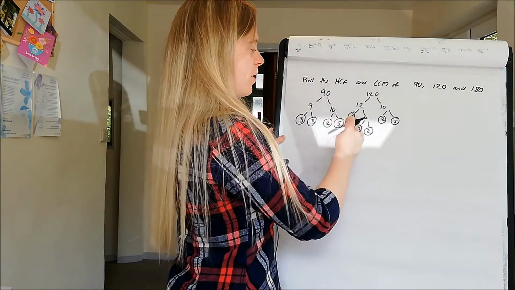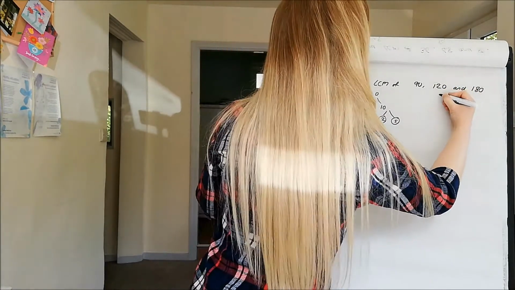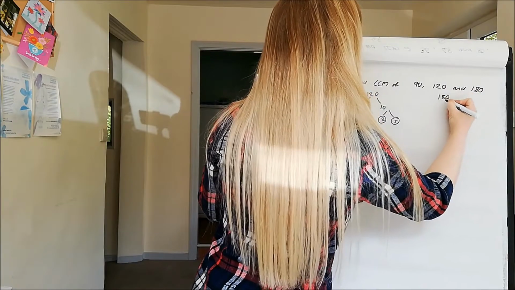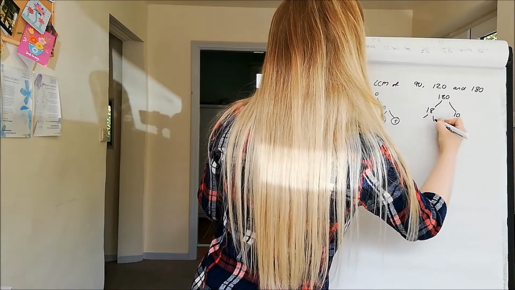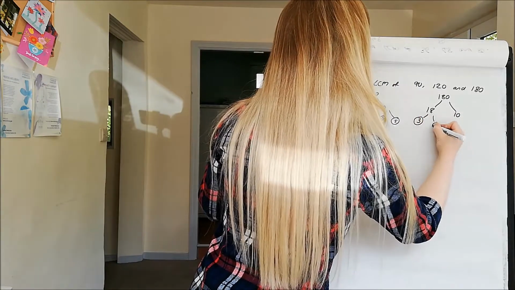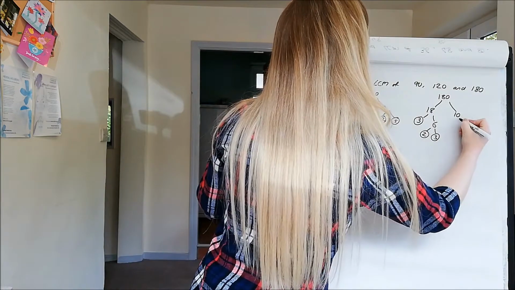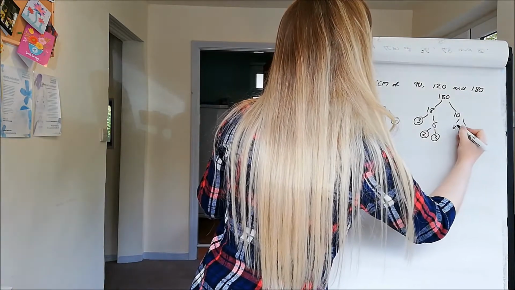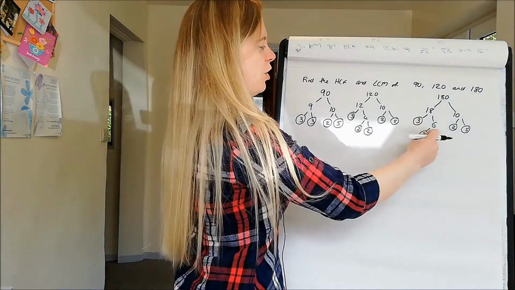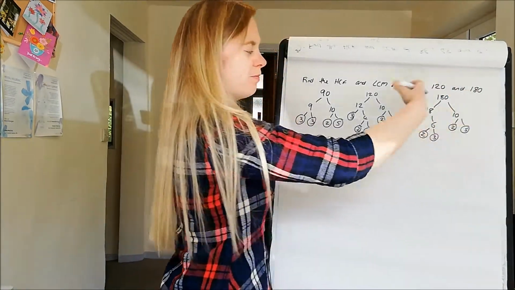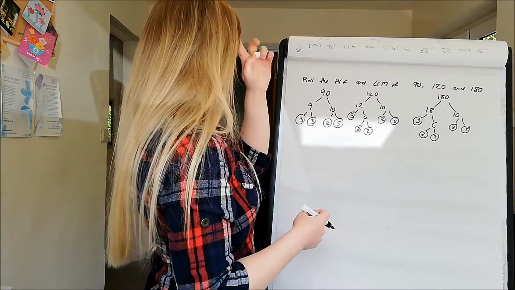So you should have 3, 2, 2, 2, 5 at the end of your tree. And 180 breaks down into 18 times 10, which breaks down into 3 times 6, which breaks down into 2 times 3, and your 10 breaks down into a 2 and a 5. So you should have 3, 2, 3, 2, 5 in any particular order at the end of your 180 tree.